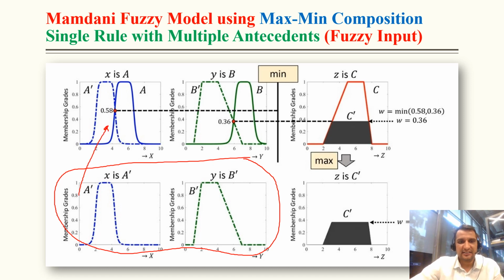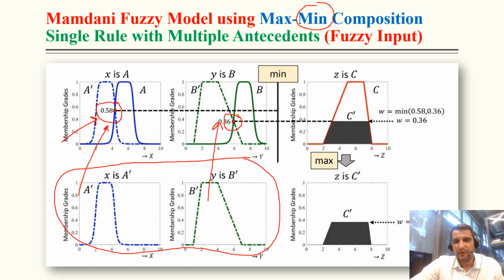If x is A dash, this is the cross section point and it is at 0.58. So this is the degree of compatibility, right? And when we superimpose on this, this is intersecting at this particular point, 0.36, right? 0.36. So how this minimum, right now I can explain to you minimum.